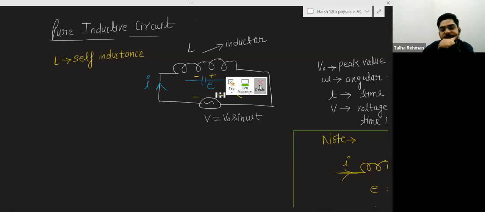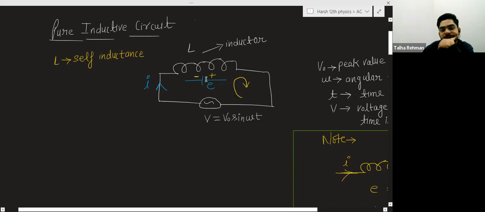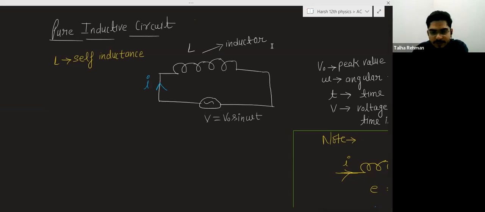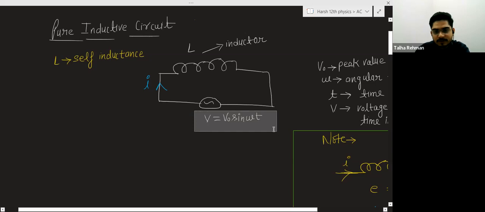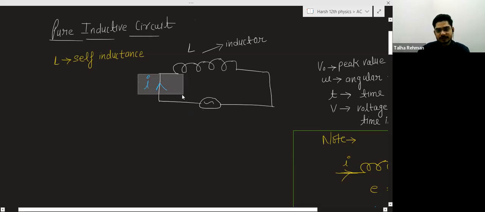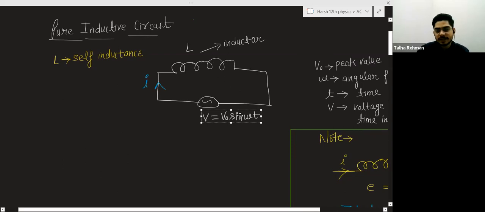Suppose initially, this is the inductor, and all these things are clear. Suppose you have just connected this. There is no current in this circuit, and suddenly you have connected an alternating voltage source, and there will be current in the inductor then.